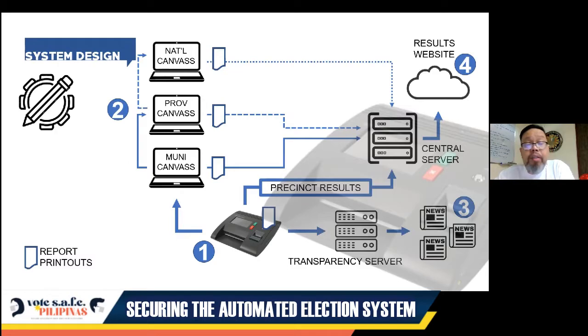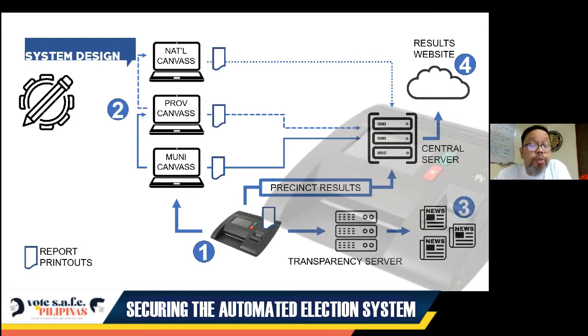The thing about this is that with three recipients of the data at the first instance, what you have is immediate redundancy. The information that is contained in one set of data, for example, sent to the municipal canvass, should check out against the data sent to the central server, just as that data should check out compared to the data received by the transparency server.